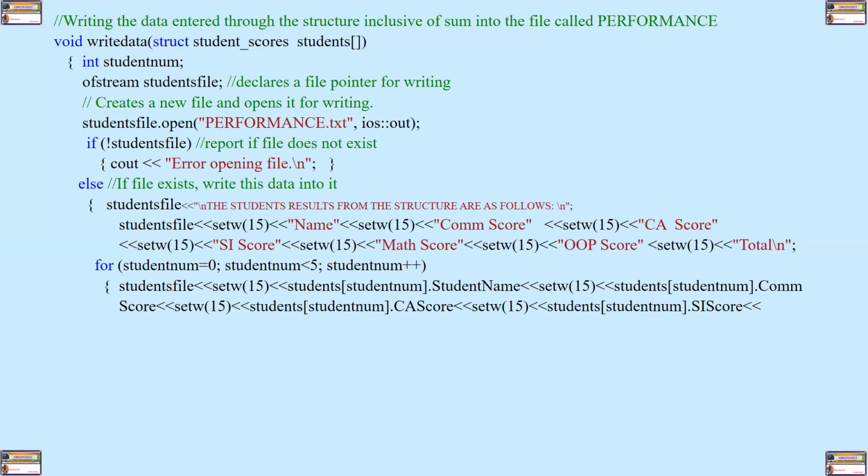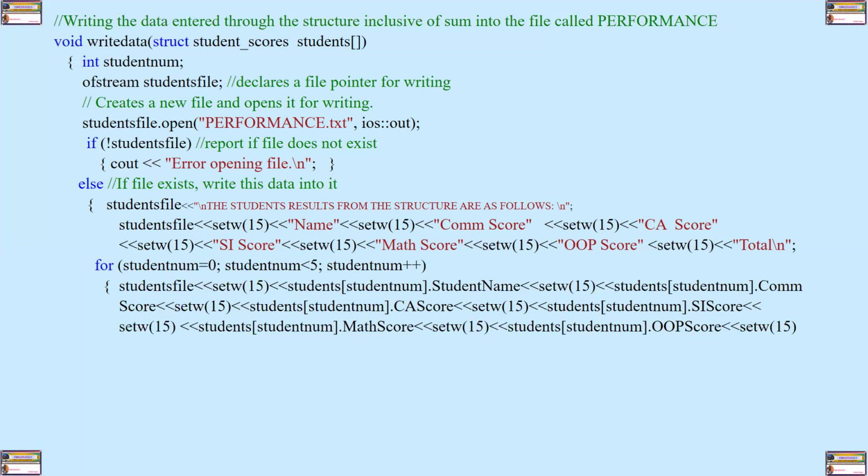Then students 0 com score, student 0 CS score, student 0 SIS score, math score, OOP score, and sum. So that data will be for the first record whose index is 0 or subscript 0.